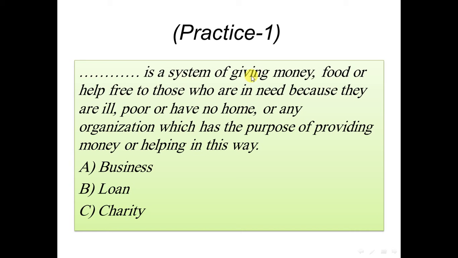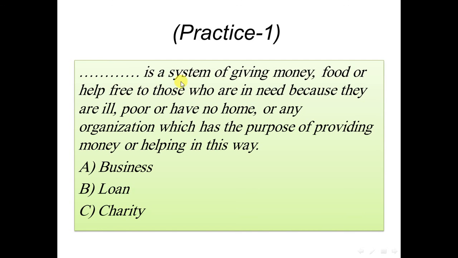Here it says it's a system of giving money. Giving money for whom? Giving money and food and help for those people who are in need. They need the money because they don't have any money. They don't have food. There's no one to support them, no one to help them.